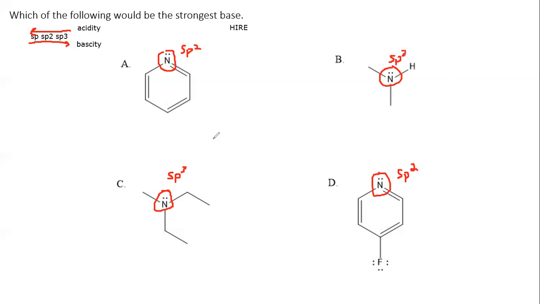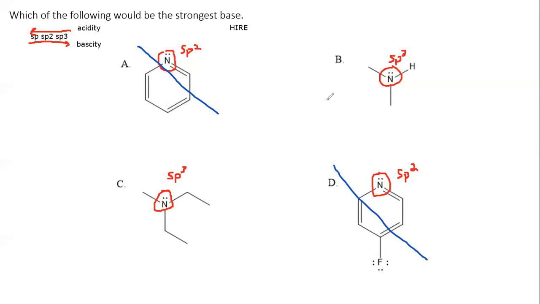So based on hybridization, the more P character the hybrid orbital has, the more basic you could say the nitrogen is. So based on that, we can go ahead and cross out A and D, because those are sp2, whereas C and B are sp3.